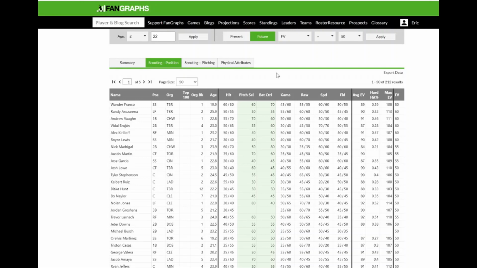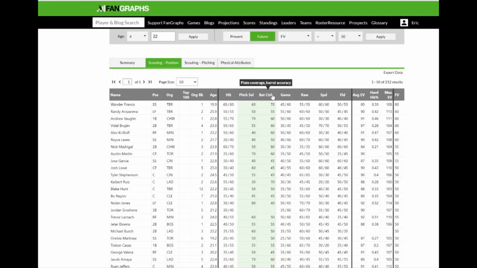And then you have the guys who either thrive or struggle because they are really good at deciding what to swing at. And so to illustrate this, and what each of these players has driving the hit tool grade overall, I've created pitch selection and bat control grades.